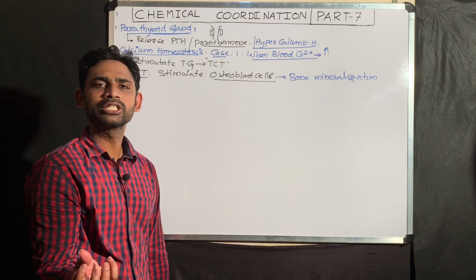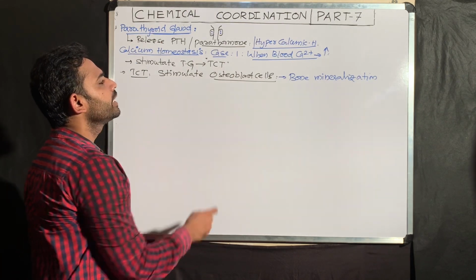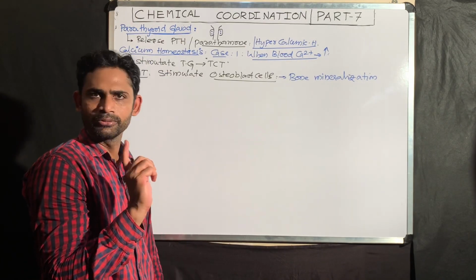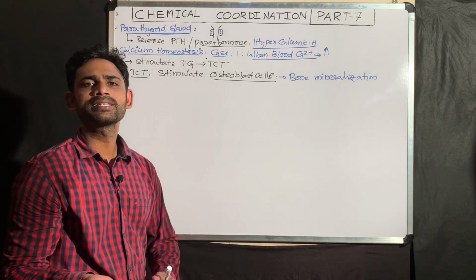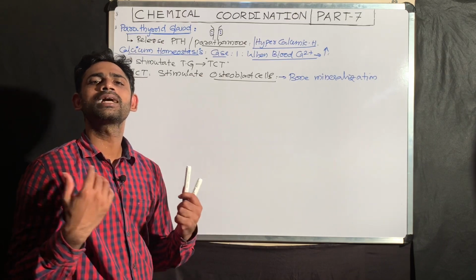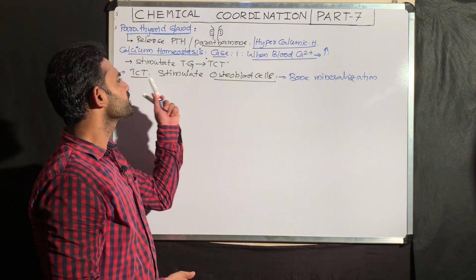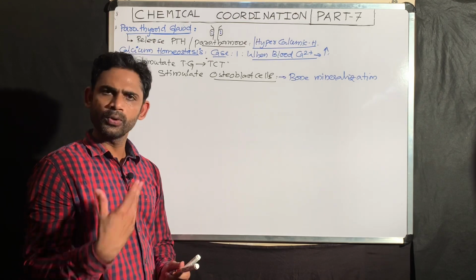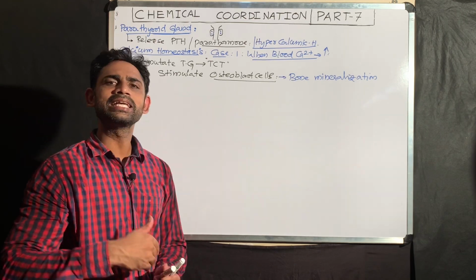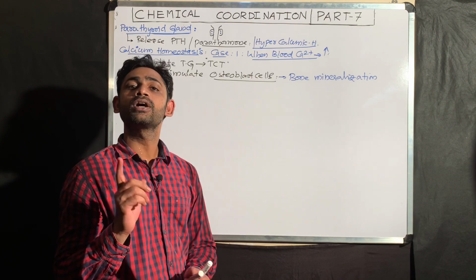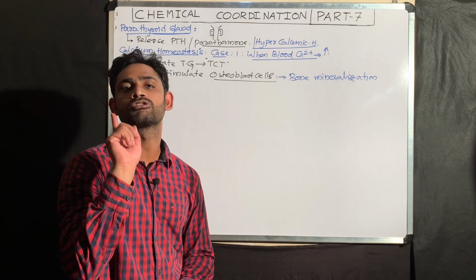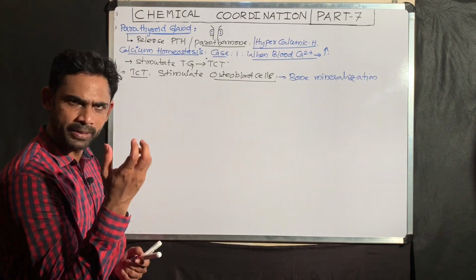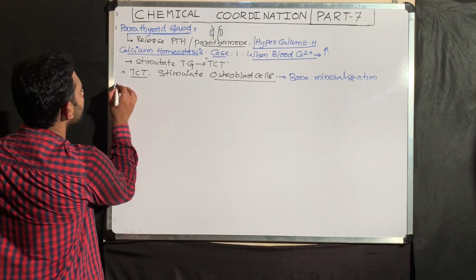It decreases the blood calcium level by activating the osteoblast cells. To remember, osteoblast cells and osteoclast cells are antagonistic. TCT activating the osteoblast cells means, on the opposite side, TCT inhibits the activity of osteoclast cells also. So the blood calcium level decreases.